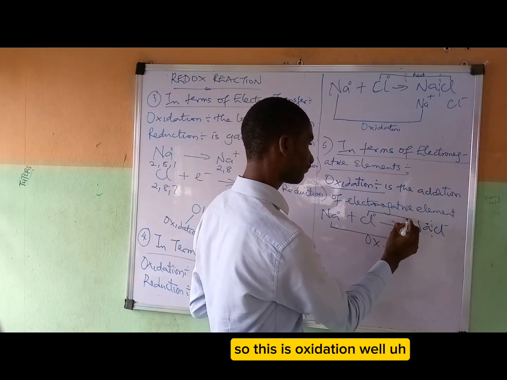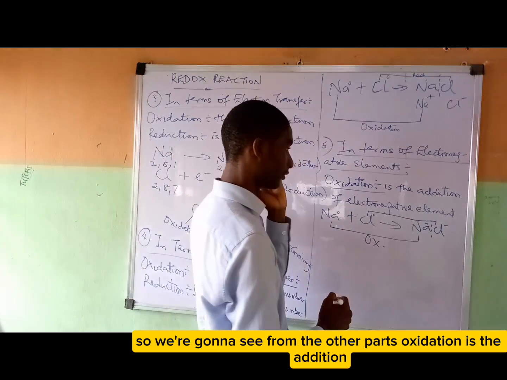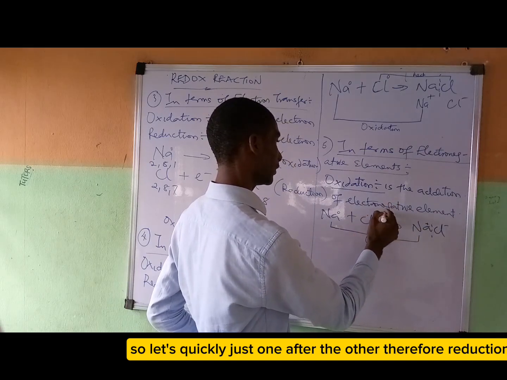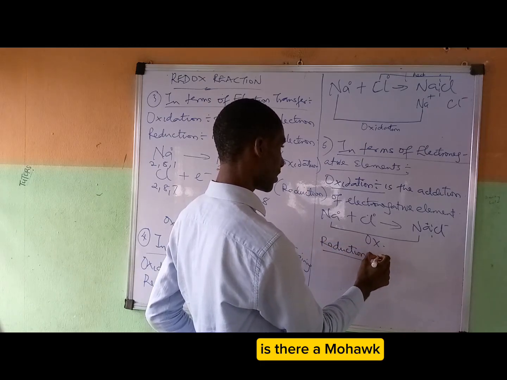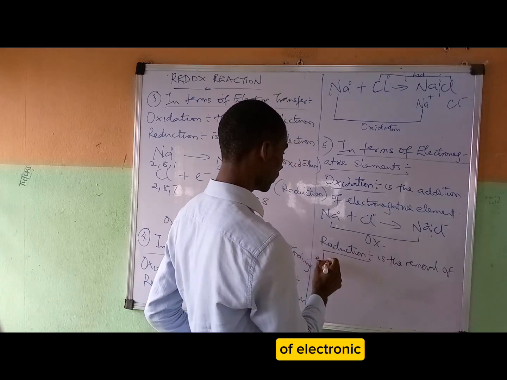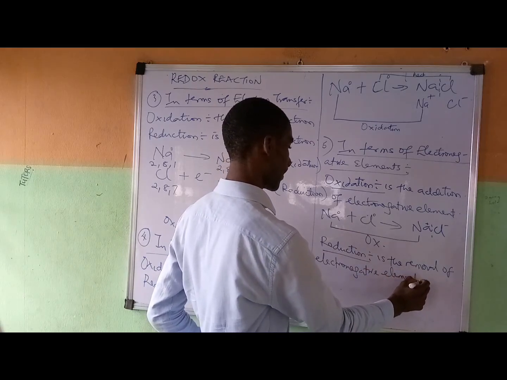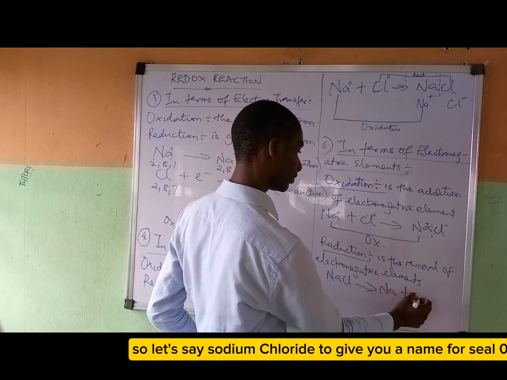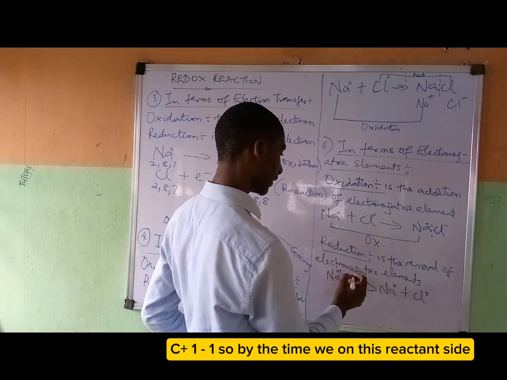This is reduction. So we are going to see from the other part. Oxidation is the addition, so let's pick it one after the other. Therefore, reduction is the removal of electronegative elements. So let's say sodium chloride gives you Na plus and Cl minus. If you ionize it, it's still +1, -1.